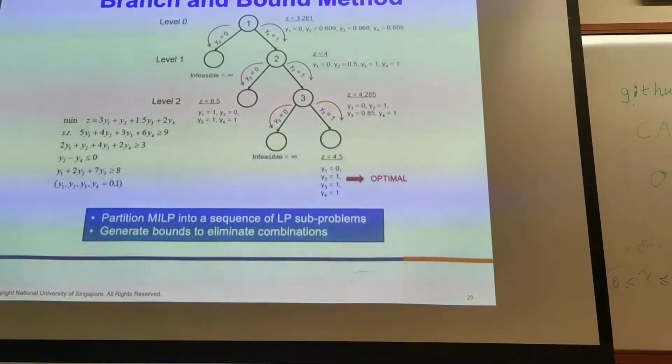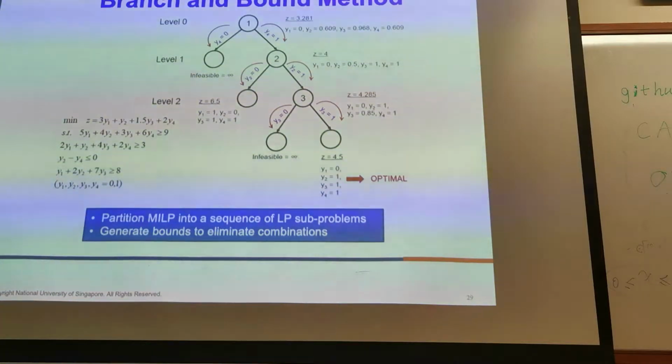So think about the question: if I have 4 binary variables, how many combinations will I have if I do an exhaustive enumeration? Again, not a lot for 4, but still, can we use the branch and bound method, B and B method, to find the solution?